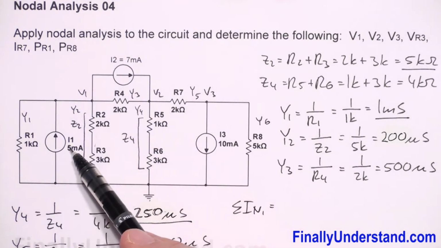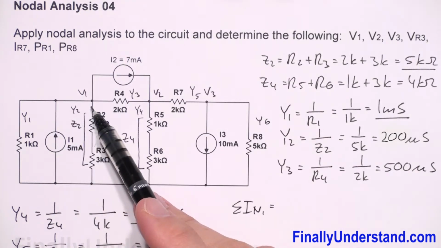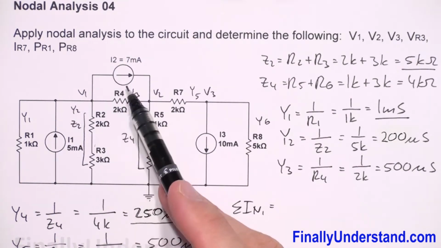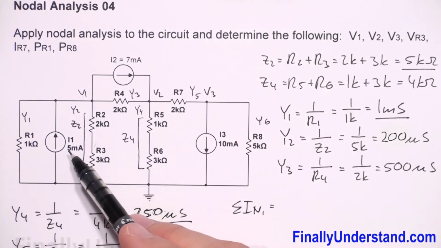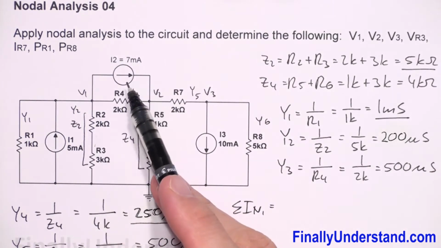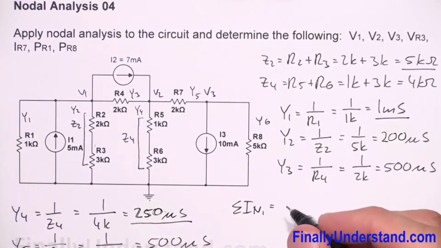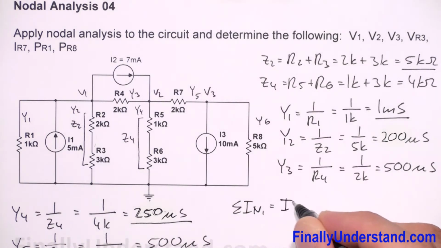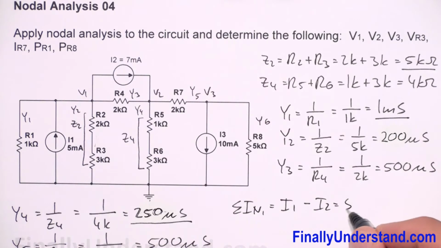But the current of I1 is going to the node, and current I2 is leaving the node. That's why I1 is going to be positive, and I2 is going to be my negative current. That's why I'm going to write over here I1 positive minus I2, and this is equal 5 milliamps minus 7 milliamps is equal negative 2 milliamps.